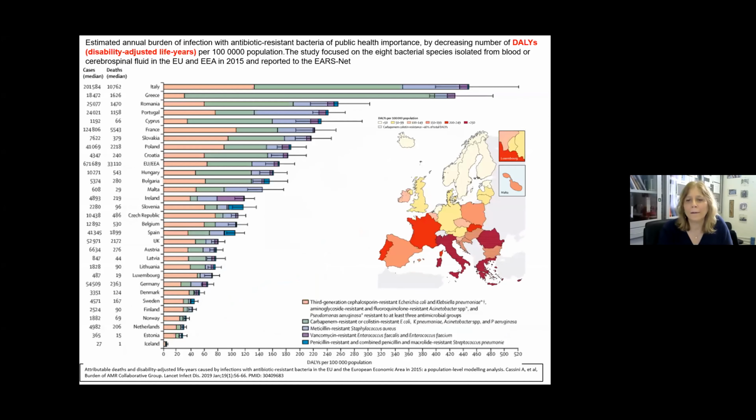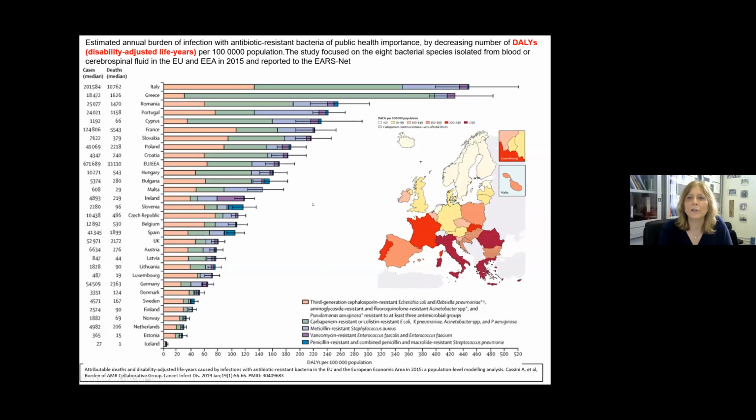And this is a study that was published in 2019, but refers to data of those periods, so 2015. This is another map, the map of the so-called DALYs. DALYs are the disability-adjusted life years.